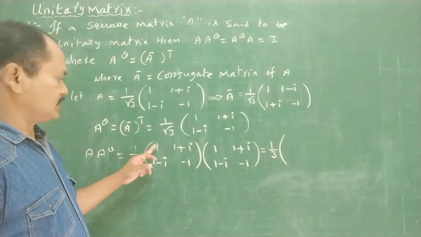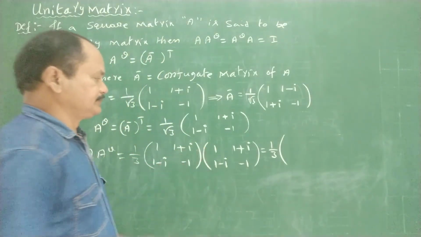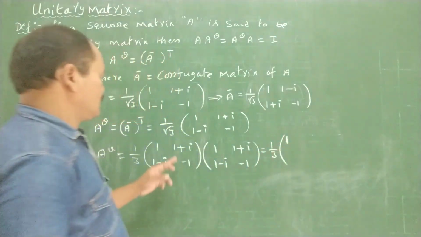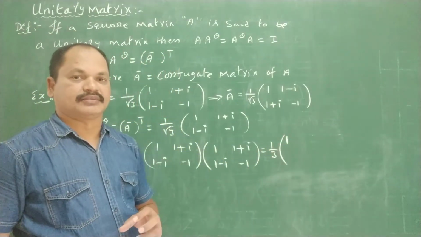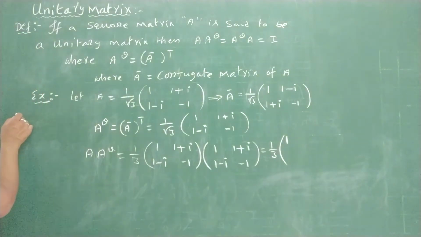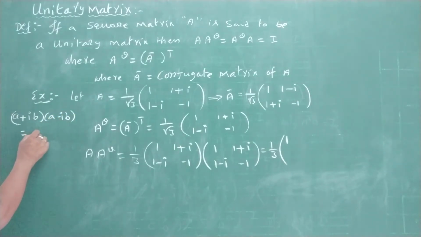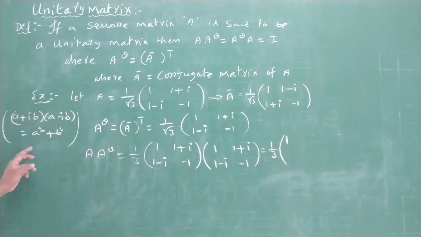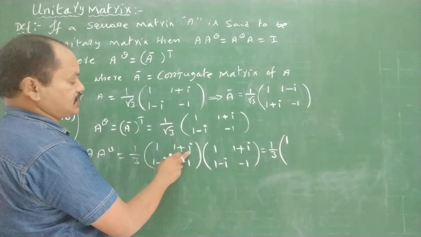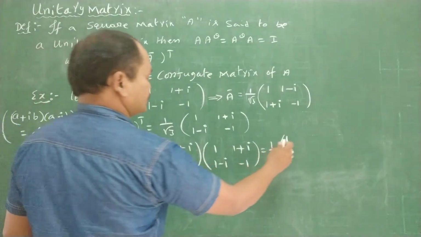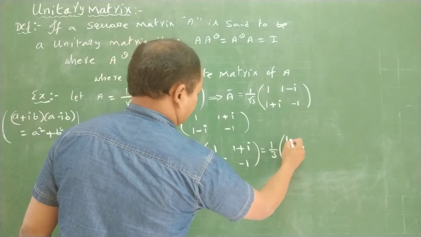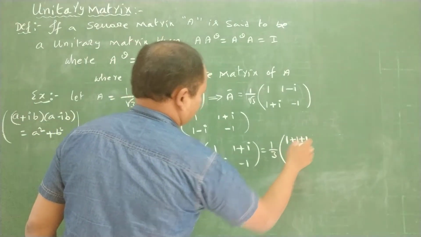Observe, here it is 1. From complex numbers, we know the formula a plus ib into a minus ib is equal to a square plus b square. So 1 plus i into 1 minus i is 1 plus 1.